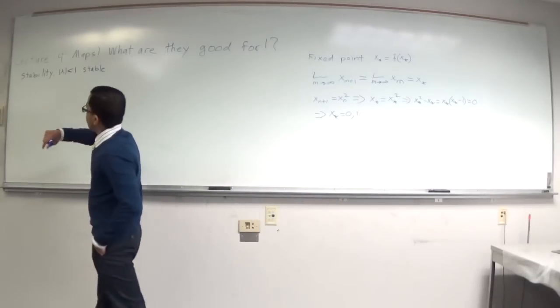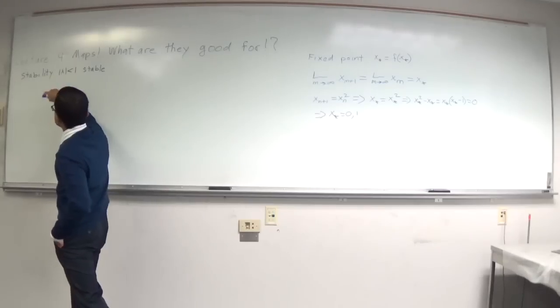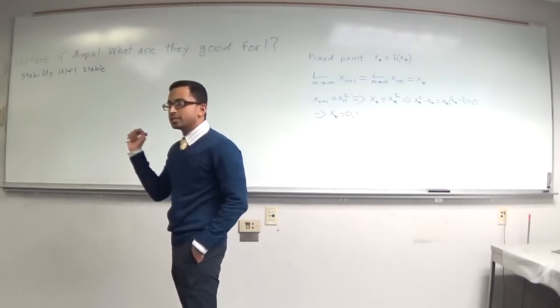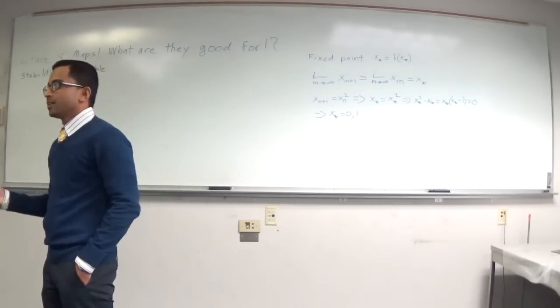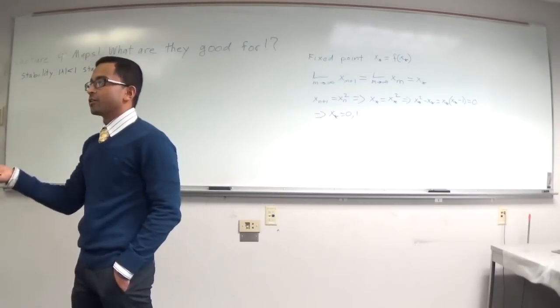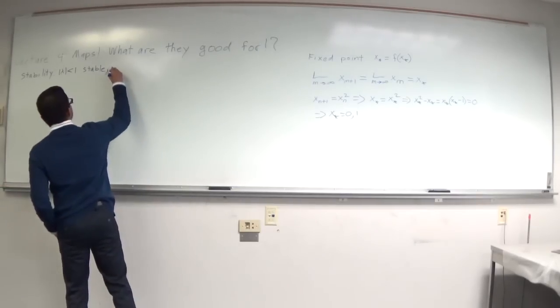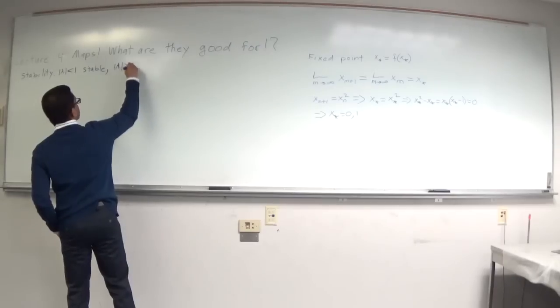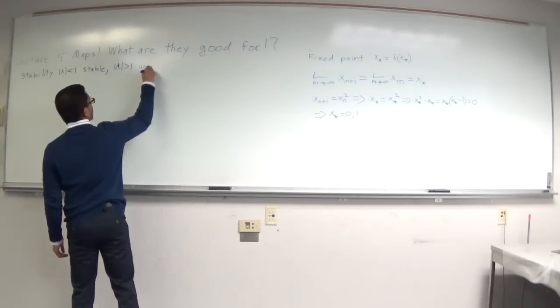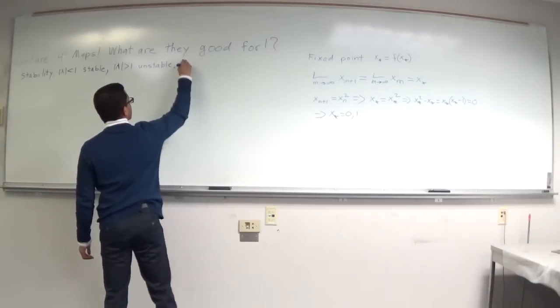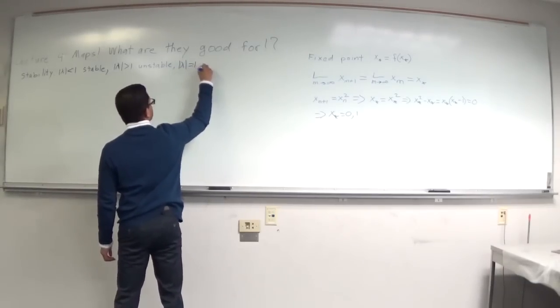So the modulus of lambda less than 1, the eigenvectors there are going to correspond to the stable direction. And then lambda greater than 1 is going to correspond to the unstable direction. And lambda equals 1 will correspond to center.